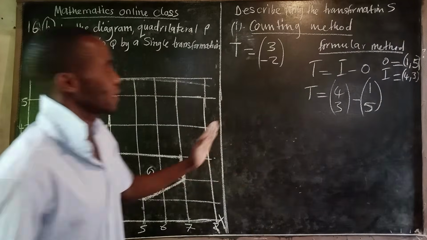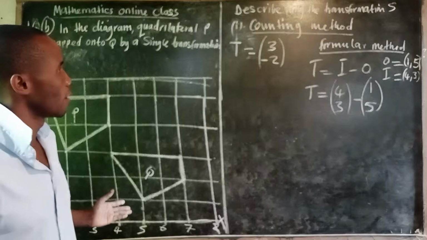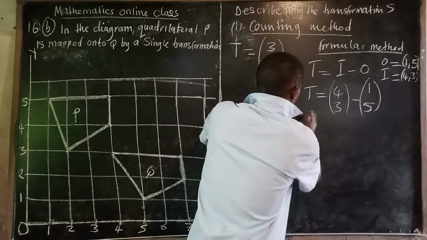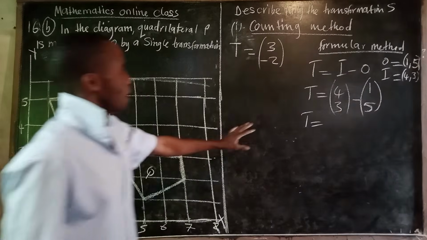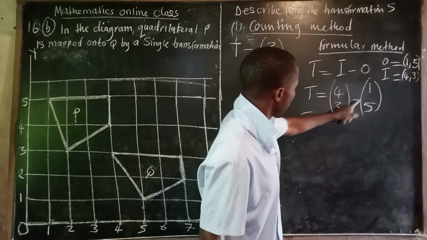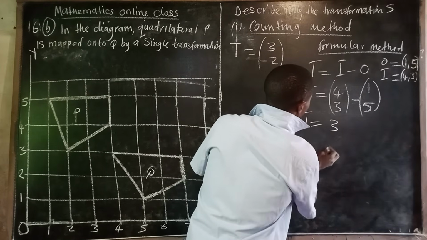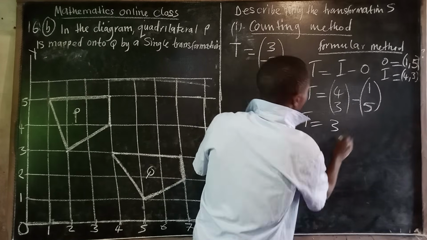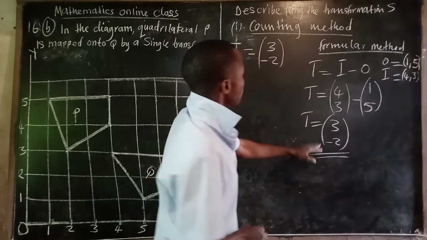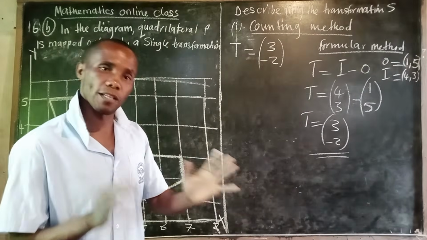Then we want to see if we are going to get the same answer. So translation vector is equal to 4 minus 1, the answer is 3. Then 3 minus 5, the answer is negative 2. Are we getting the same answer? Same answer. So that is our translation vector.